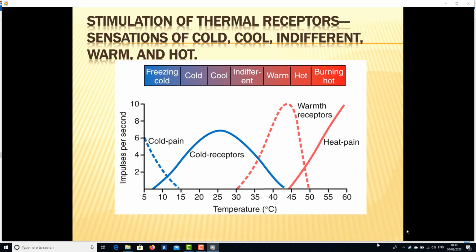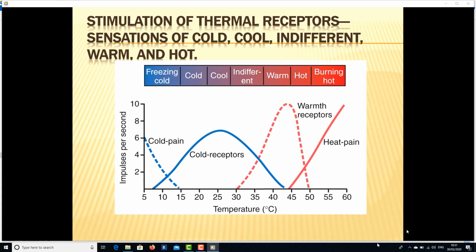You can see that the cold pain receptors are activated at freezing cold temperature, and they cease to respond at 15 degrees centigrade. Then around 7 degrees centigrade, the cold receptors start to send impulses, and at 42 degrees centigrade they stop responding.